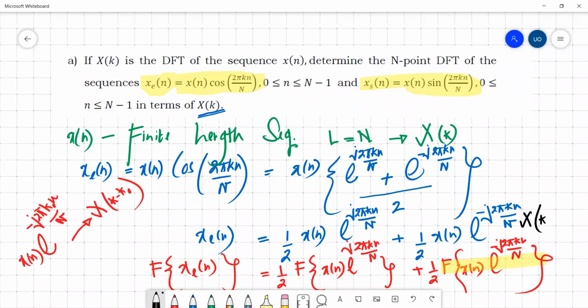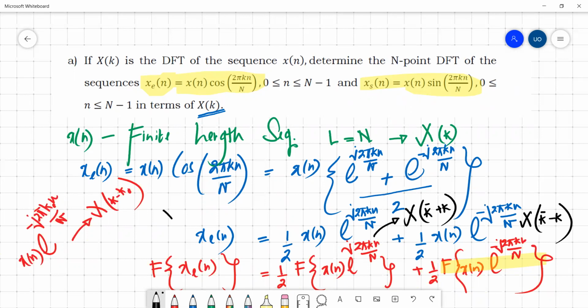So X[k minus, we'll put another index here, otherwise it's confusing, we'll put k bar, k, and here X[k bar plus k].